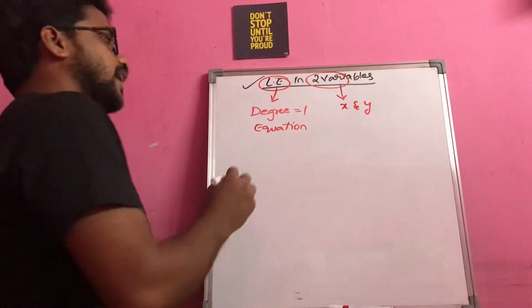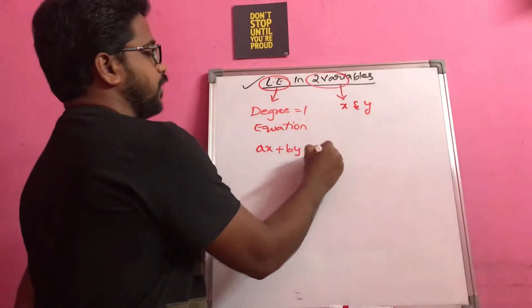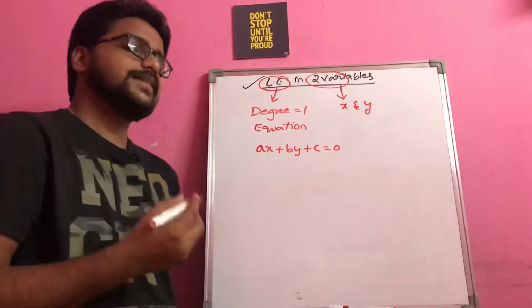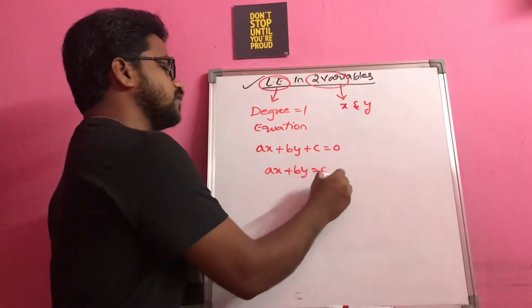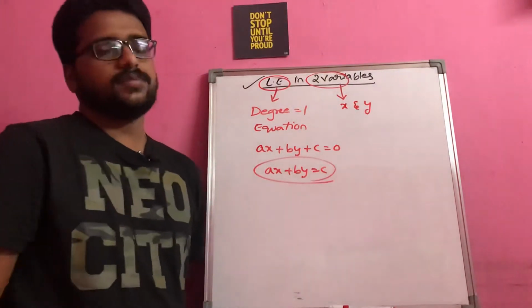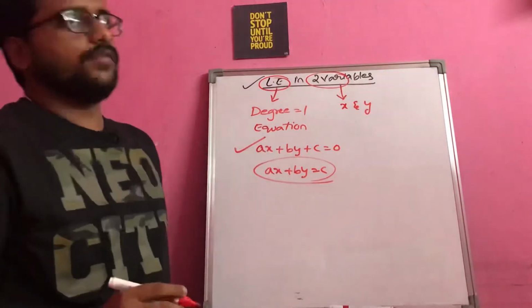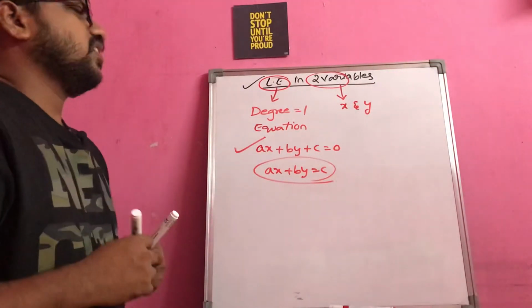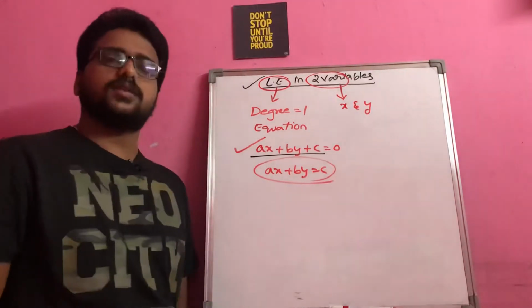So the standard form of the linear equation is represented by ax plus by plus c is equal to 0. Some books may give you ax plus by is equal to c. Anything is fine, that doesn't make any difference. But usually we prefer this type of equation, because all the terms will be on one side and the 0 will be on the other side.